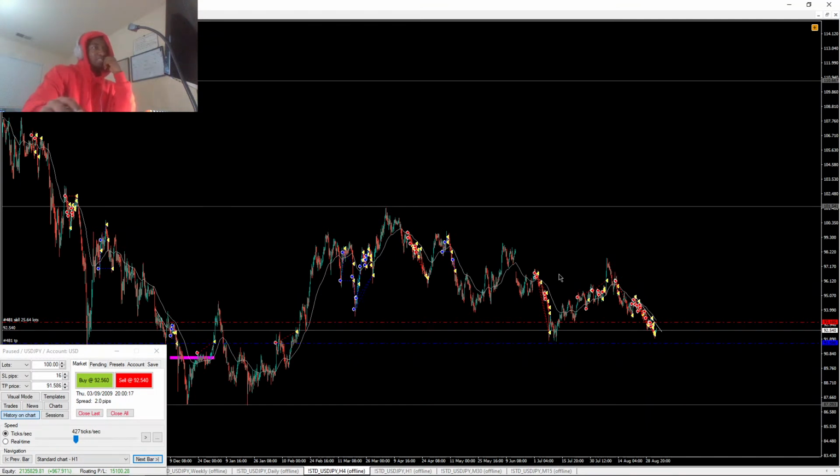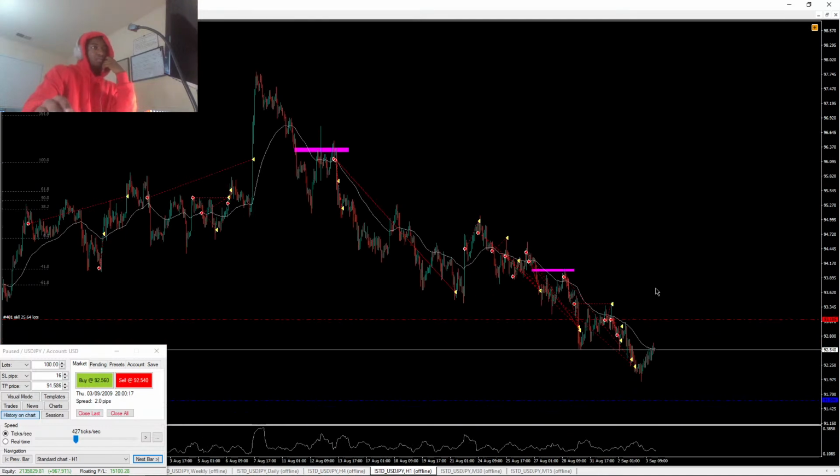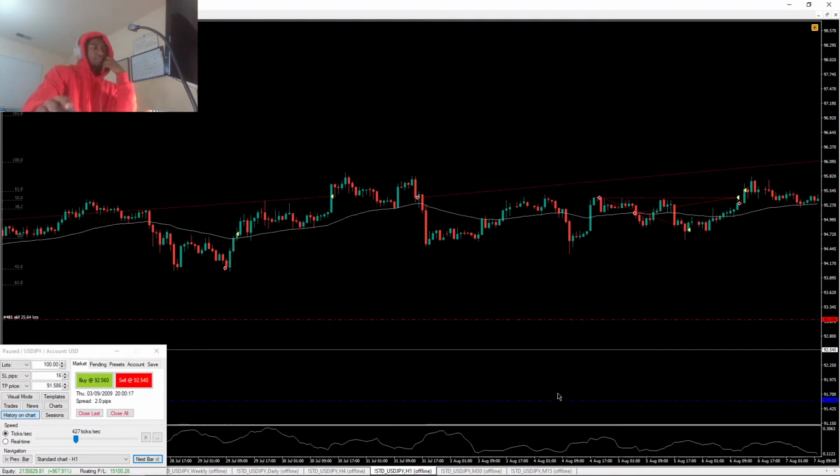We got this high tested, looking for price to scale down. Now if it still holds true, if that trend line does break, should be looking for buy setups, temporary buy setups, but ultimately I'm looking for price to revisit the bottom. Okay, now that makes sense. Okay, go back down to the 1-hour and manage this position.